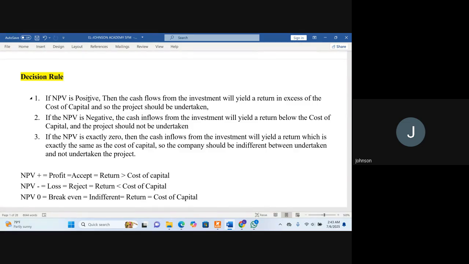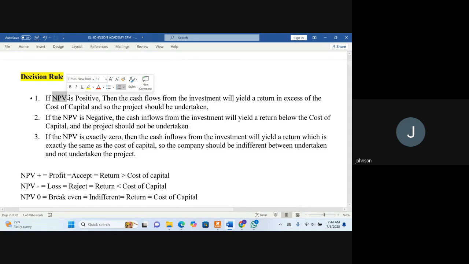So in order for us to make a profit, we will not take a cost of capital that is above the IRR. So when your NPV is positive, it means that the cost of capital you are using for that project at that particular time is lower than the IRR.